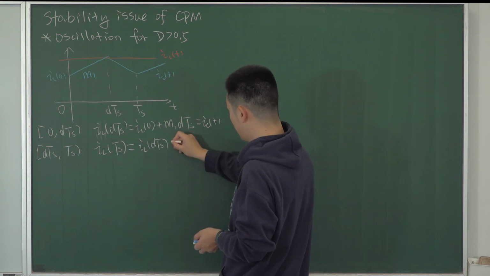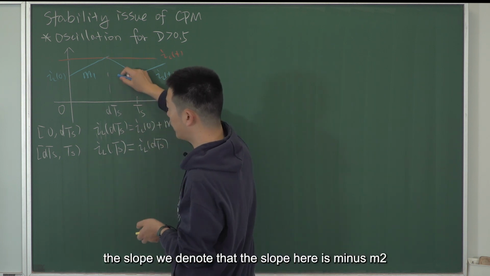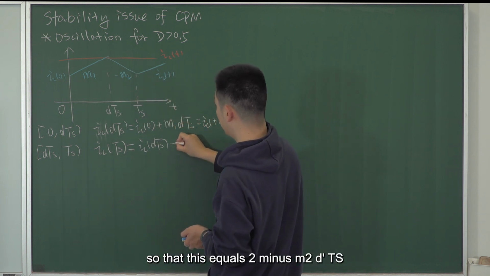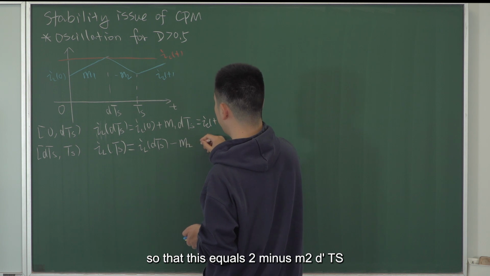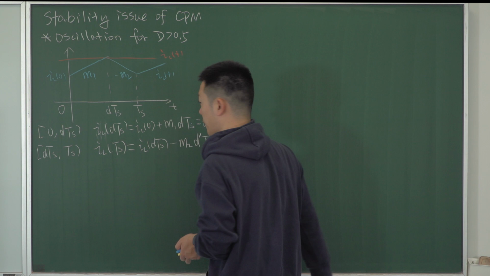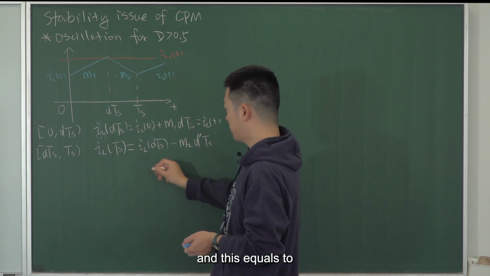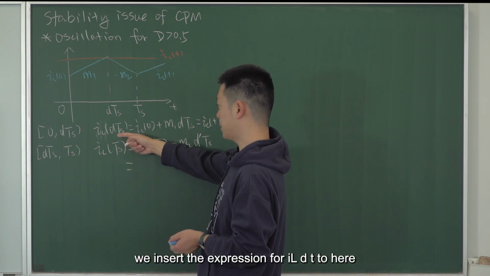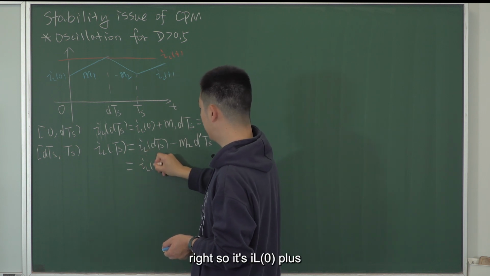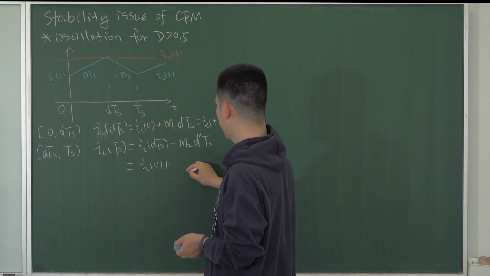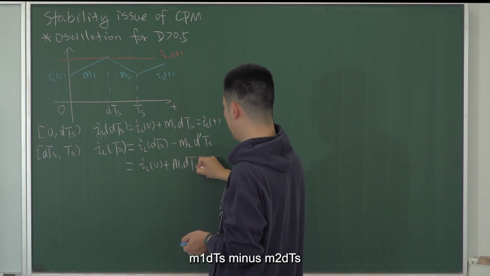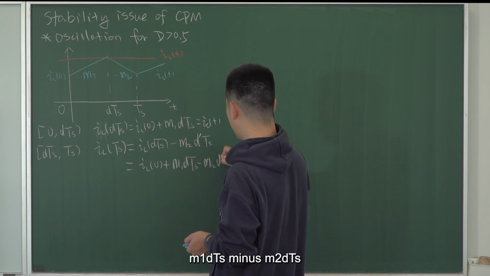We denote the slope here as minus M2, so this equals minus M2 D prime TS. And we insert the expression for IL(DTS), so it's IL0 plus M1 DTS minus M2 D prime TS.